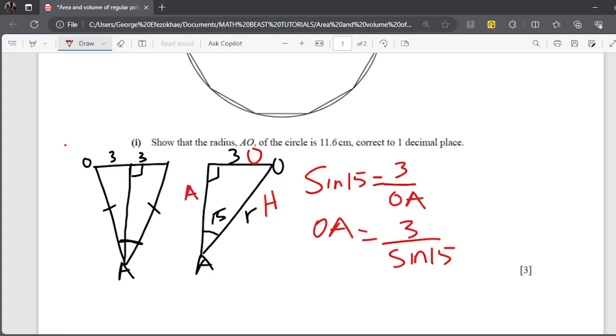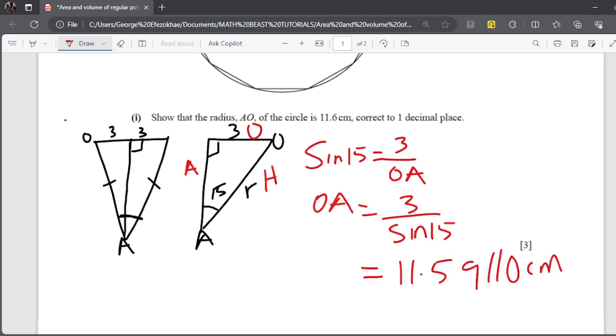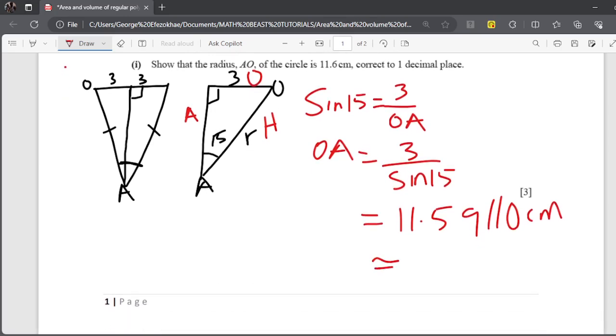With our calculator, 3 divided by sine 15 gives us, in decimal, 11.5911 cm. To three significant figures, this is approximately 11.6 cm as required. That is what they wanted us to do.